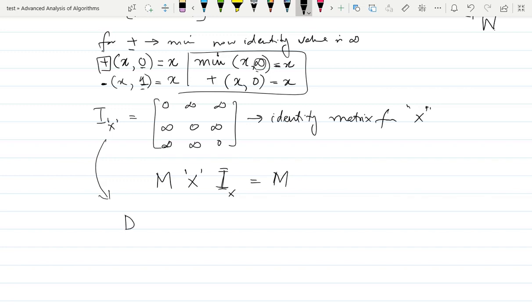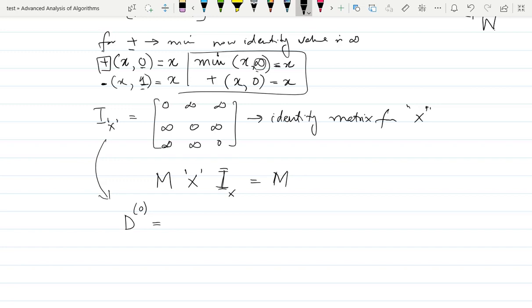Do you remember that we talked about a base case D0? D0 means that I am talking about the shortest path between i and j without using any intermediate edge.